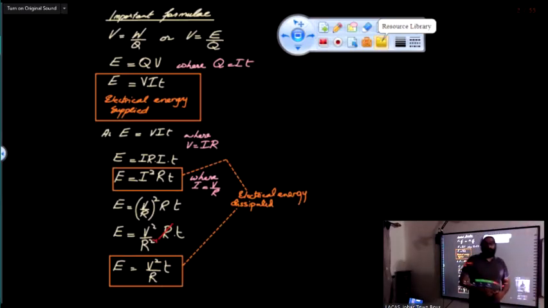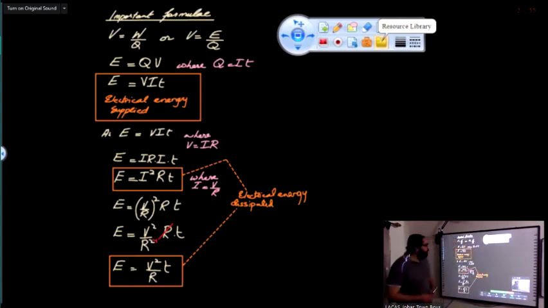So I'm still obeying that law. I'm not denying that. I'll discuss back to that law. But before that, we need to understand all these formula and how and where to apply them.